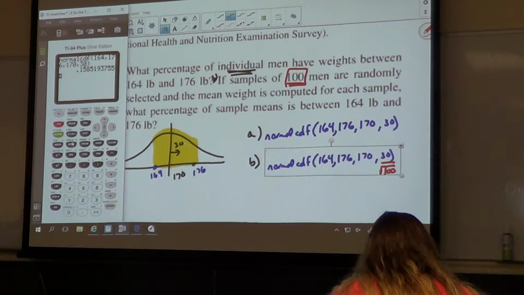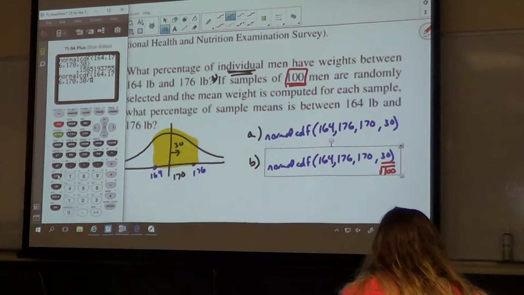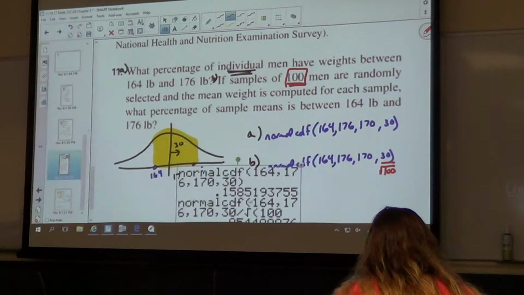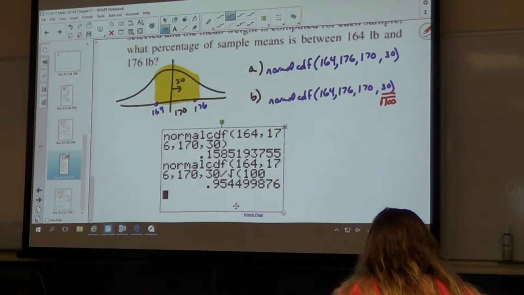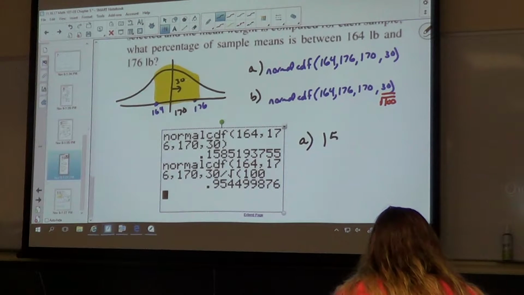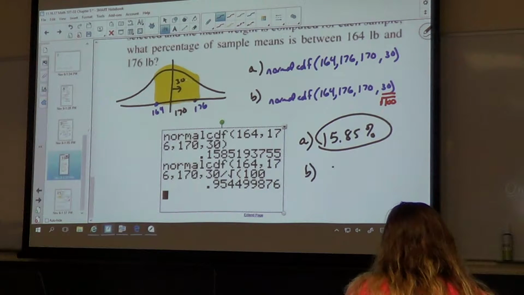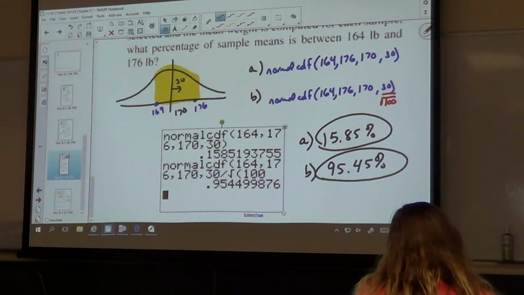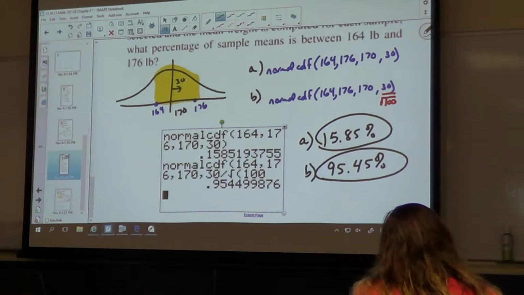Then I press second enter, back up, and divide by the square root of 100, which is the size of my group. That's my second answer. For part A, I was looking for 15.85 or 15.9, and for part B, 9.45 or 9.4.